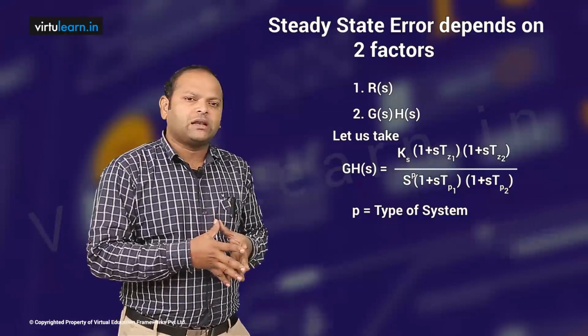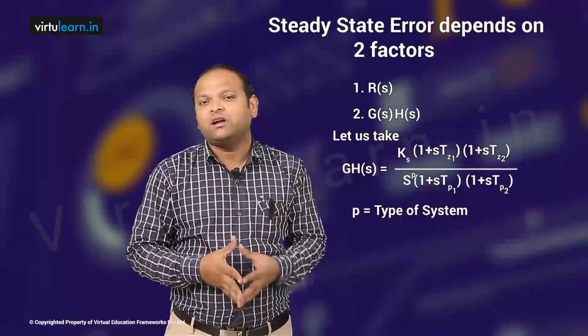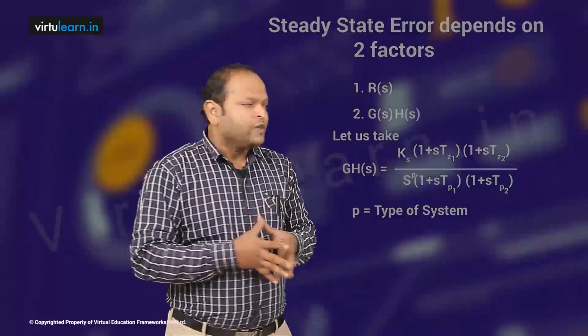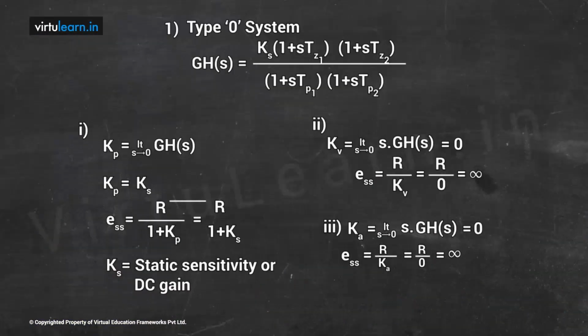So in steady state error, type plays an important role. Based on the type only we will have different steady state errors. Let us take those different types of systems. Now first I will take the type 0 system. The transfer function will be the same, only there is a change in the s power p term. In type 0 system, I can take p is equal to 0.